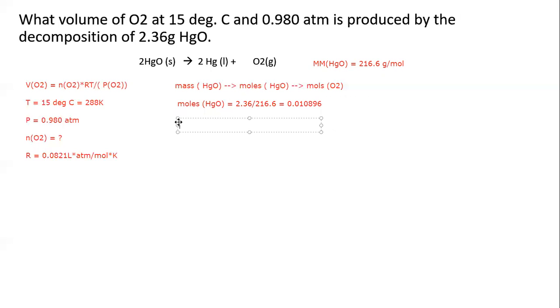Now we can find the moles of O2 using stoichiometry. For every 2 moles of mercury II oxide, we have 1 mole of O2. So now we know the moles of O2, we can calculate the volume of O2.